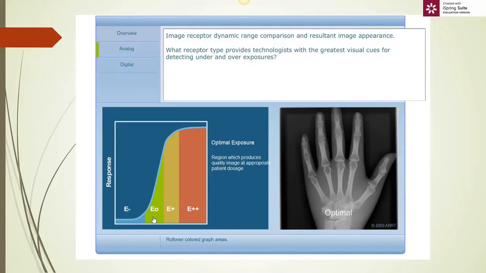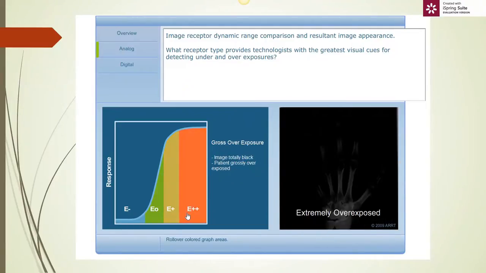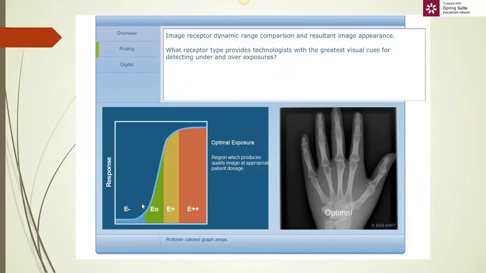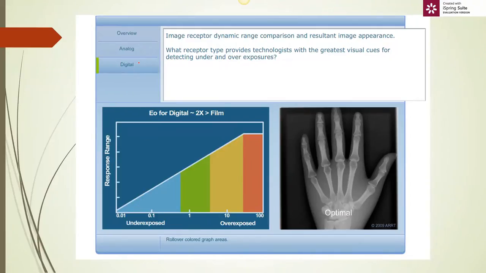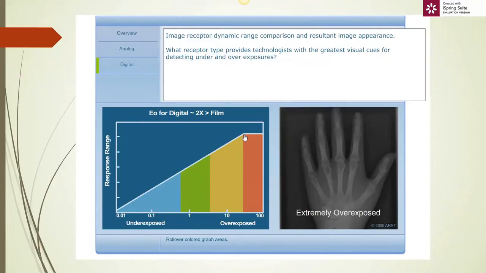I'm talking about analog. Then you have where you really want it, and then of course you end up with overexposures. So the part that we really want is right from here to about here, roughly speaking. With digital, everything, remember, is totally stretched out, because you have all of these potential grays.